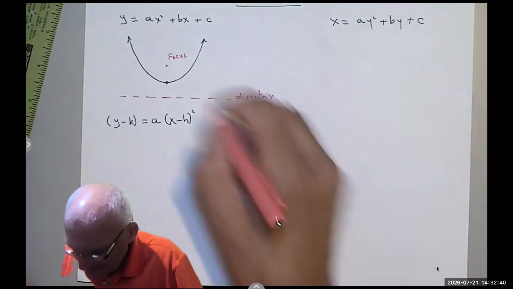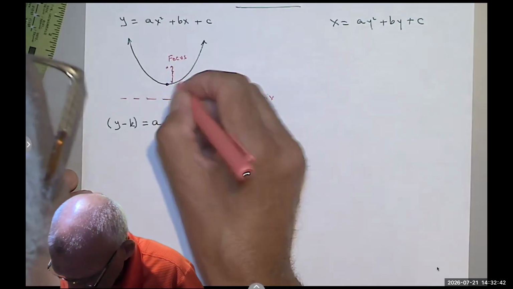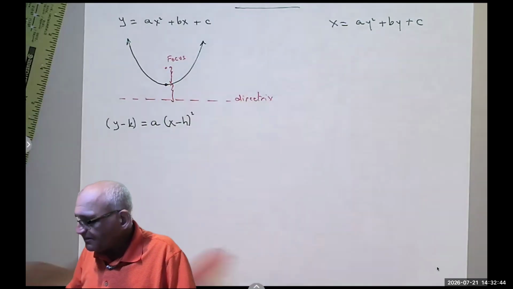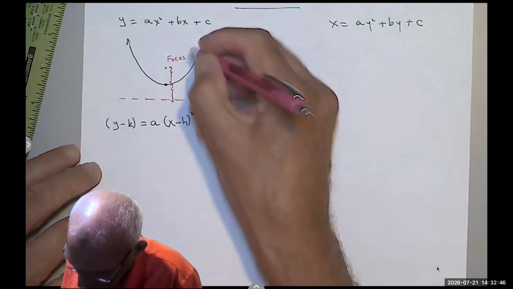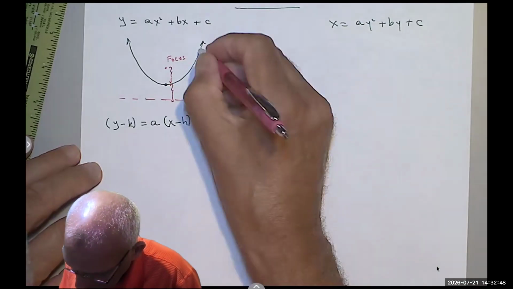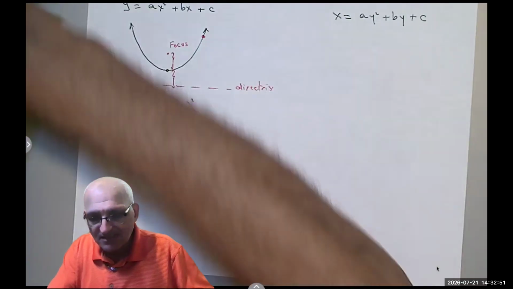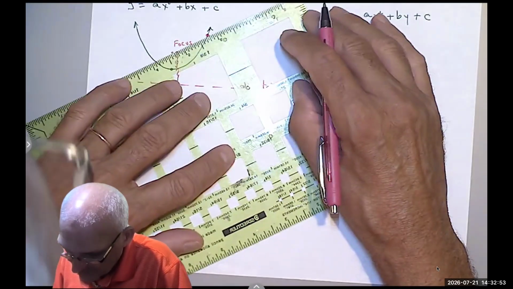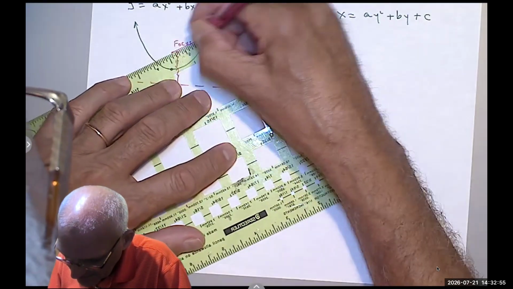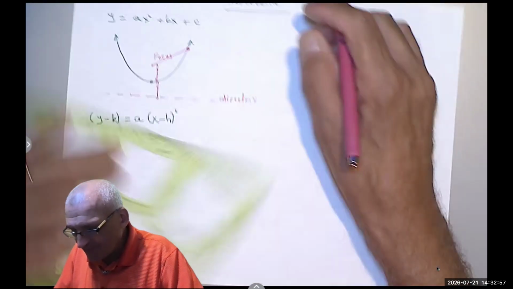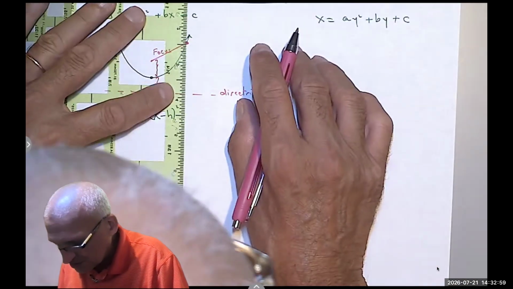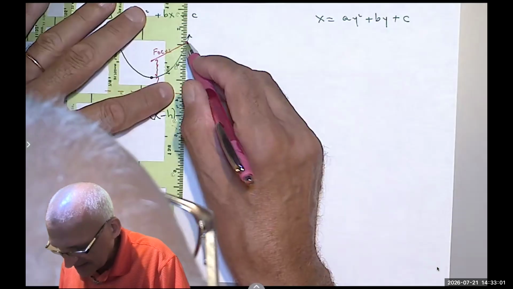It's not only that this distance equals that distance, but any point on the parabola is equidistant, meaning the same distance, from the focus as from the directrix. Of course, this is not drawn to scale, so it looks like this line is longer.